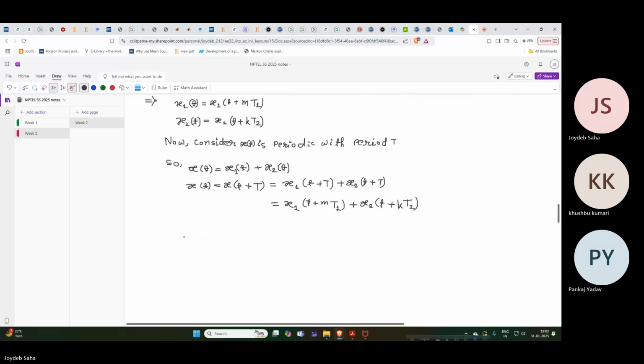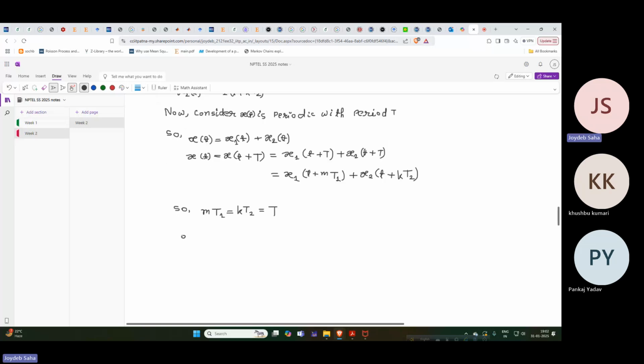So we can write m of T1 is equal to k of T2 is equal to capital T, or T1 upon T2 is equal to k upon m, which is a rational number.